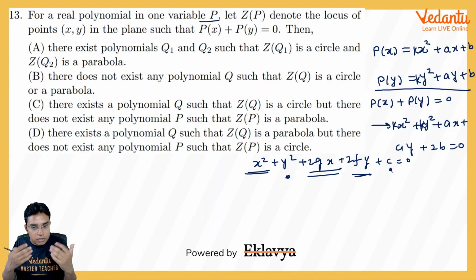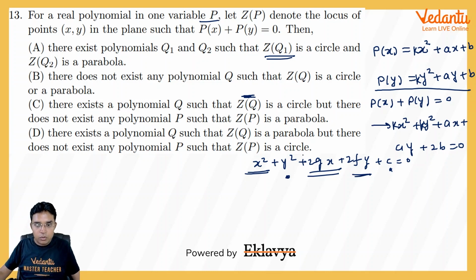So this equation of circle can be written this way, in which two polynomials, one in terms of x, one in terms of y, are written. Okay, so that means there can exist polynomial q such that Zq is a circle. Here they are saying there exist polynomials q1 and q2, Zq1 is a circle and Zq2 is a parabola. Now coming to the parabola thing.